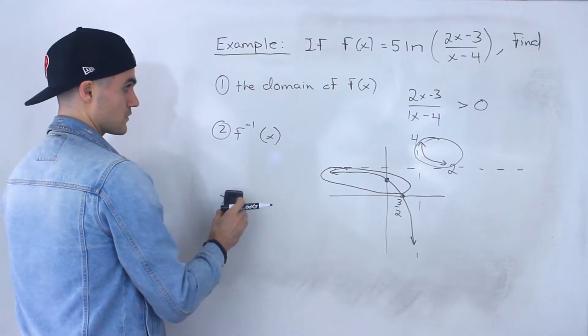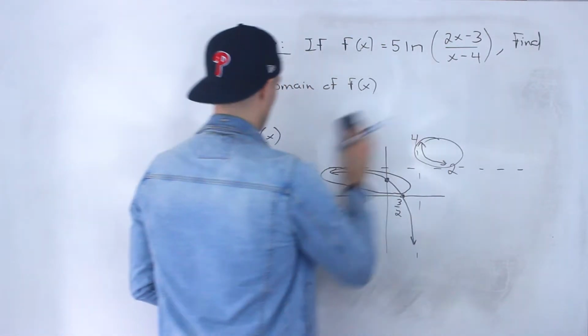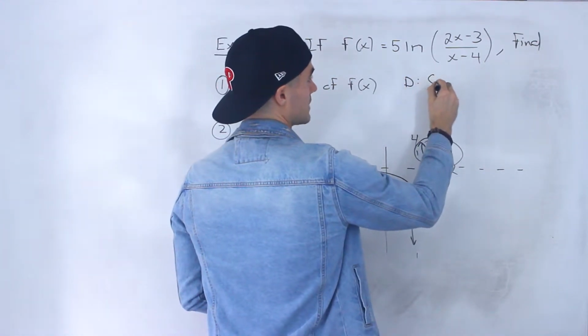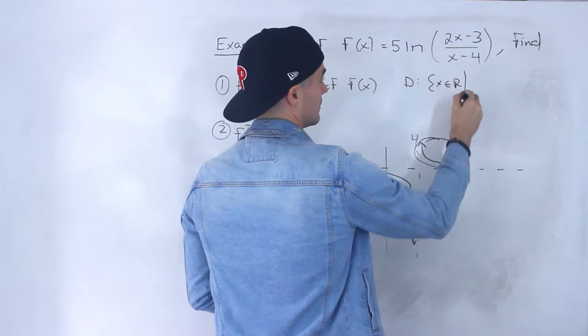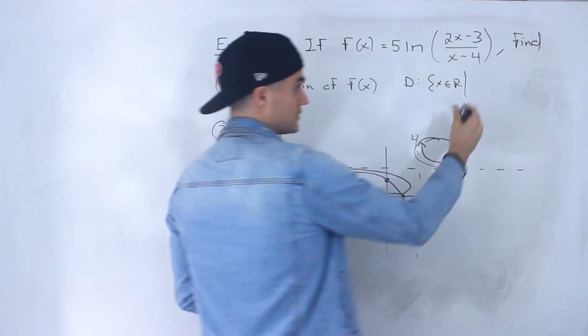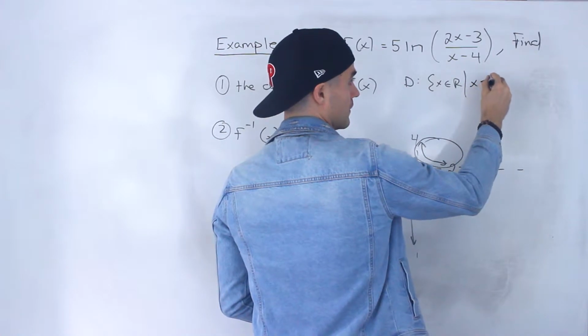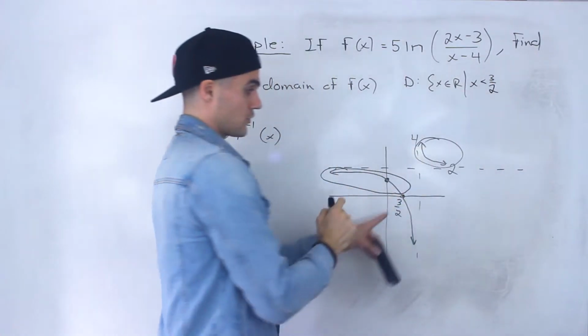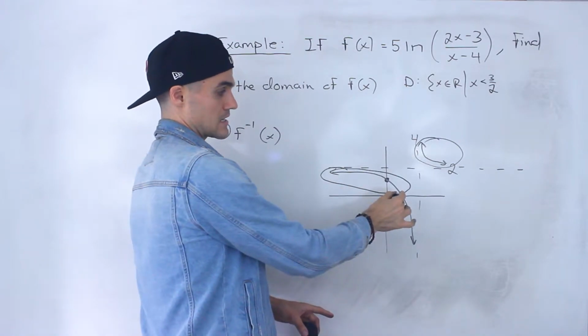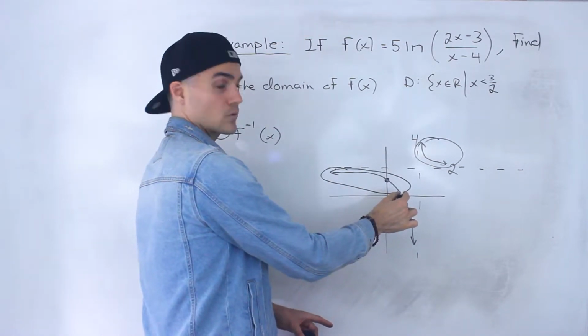This is going to be the answer for the domain, so I'm going to write it over here. So the domain is x ∈ ℝ such that x has to be less than 3 over 2, not less than or equal to 3 over 2, less than 3 over 2, because it can't equal 0.